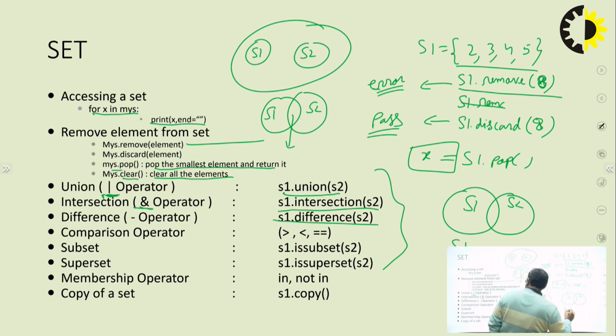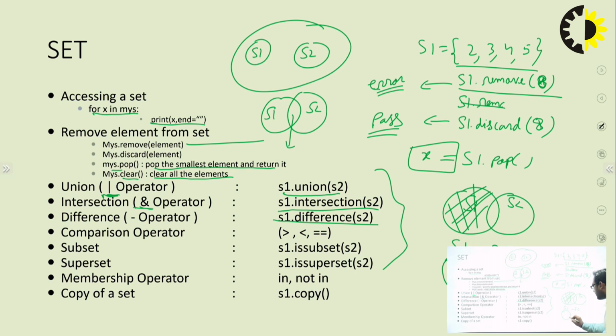If I am writing here S1 minus S2, that means these are the elements which you can see here. So S1 minus S2 is representing this one, and if I write here S2 minus S1, these are the elements you can see.